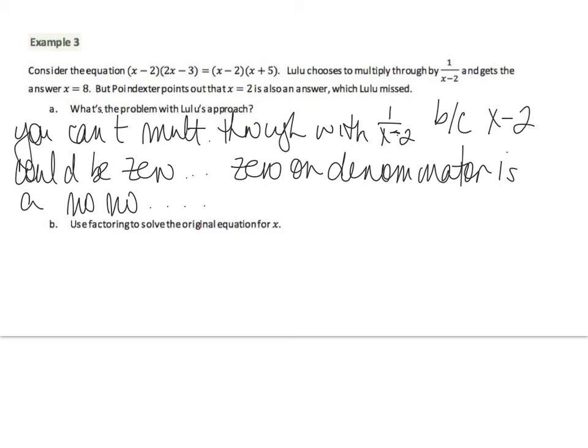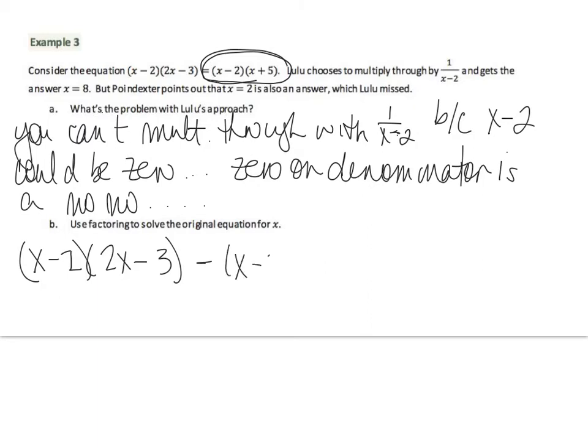So use factoring to solve the original equation. This is one of those where you pay really close attention, because it's almost like magic. I'm going to take this entire piece and subtract it from both sides. I'm going to move it to the left side of the equation. Sort of like magic. Now we see I have these that are matching, so I'm going to take those out.